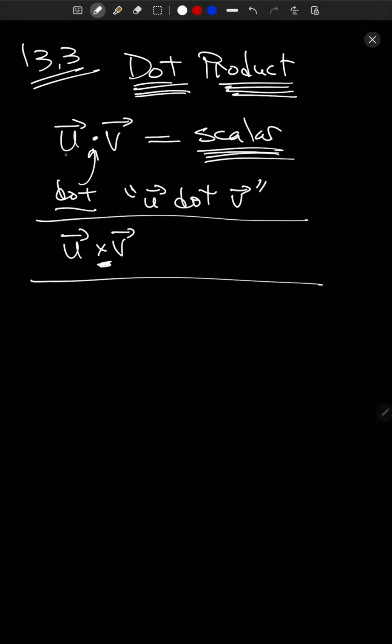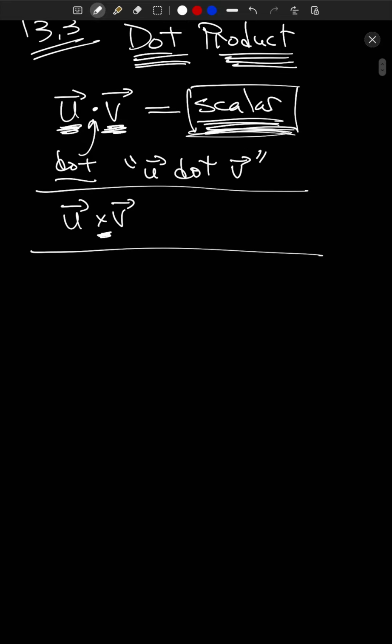Here you have u as a vector, v is a vector, but u dot v is not a vector, it's a scalar. Nevertheless, this scalar, the result of u dot v, is very important and gives us a lot of information about u and about v.